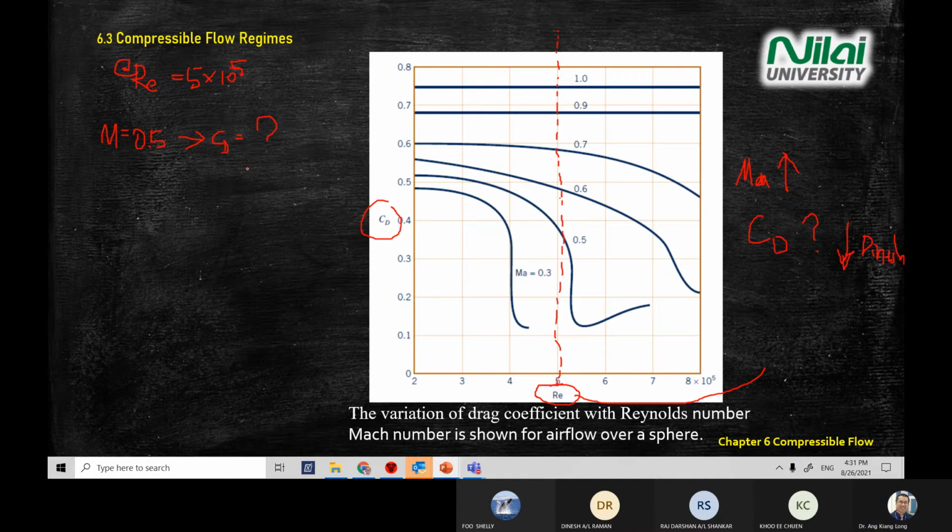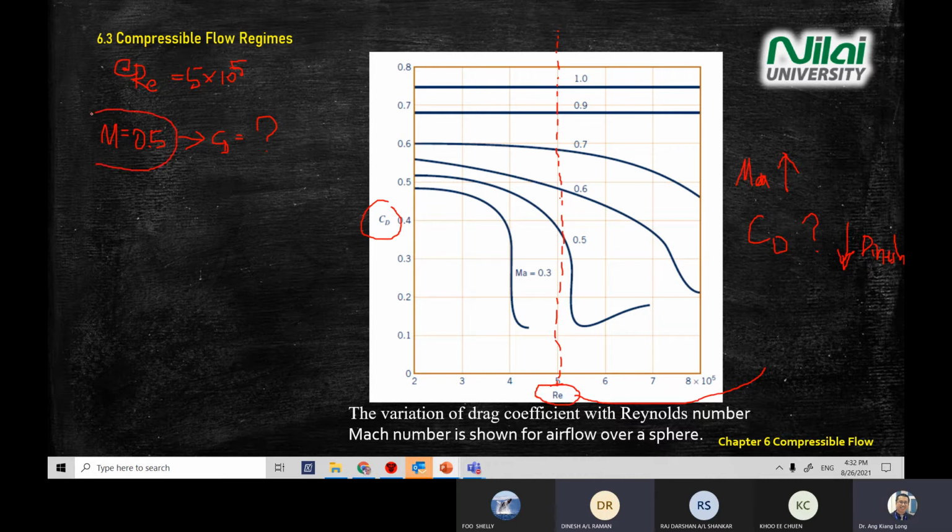Dinesh? Yes, sir. What is the answer? Can you identify which line is 0.5 or not? I think the upper one.